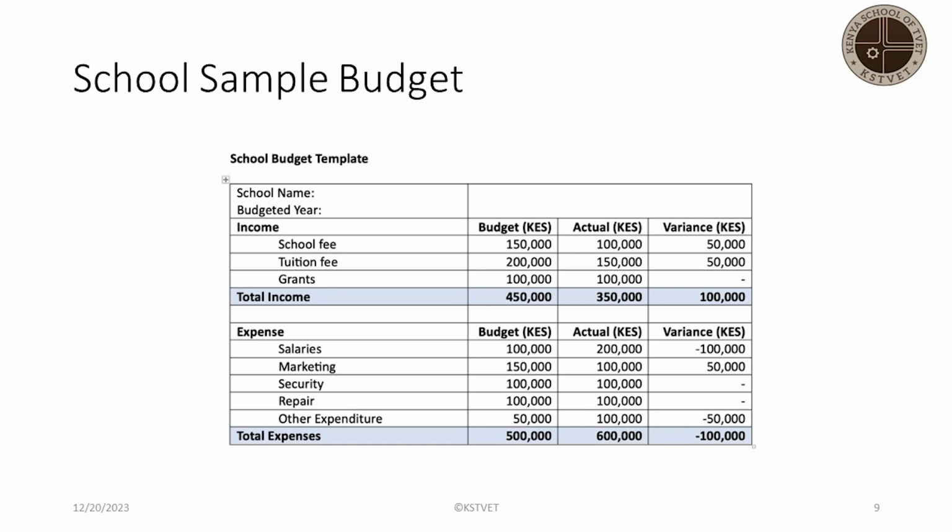So the first thing, there is the entry for the institution name, the budgeted year, for example, 2024, you enter that. And we have the column which represents income.